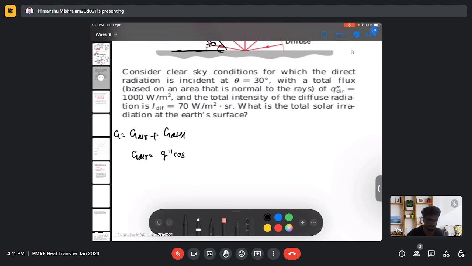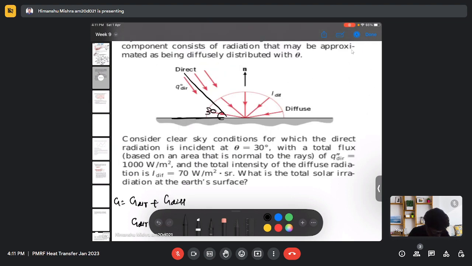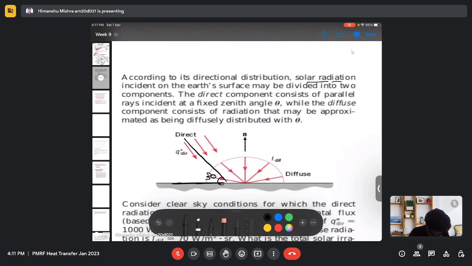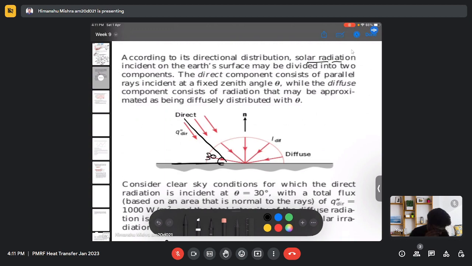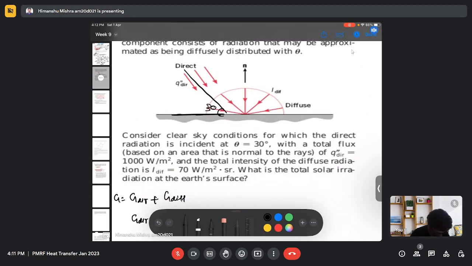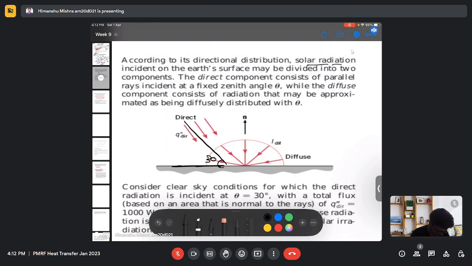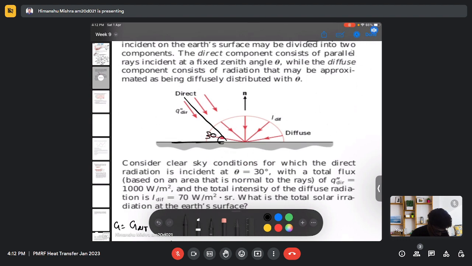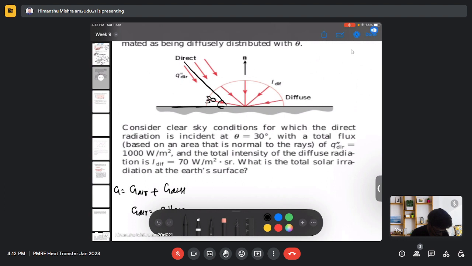Excuse me, sir. What is the source of this diffused radiation? Source is actually not given. It is just in the question that there are two kinds of irradiation. One is from the sun, which is direct, and one is diffusive in nature.